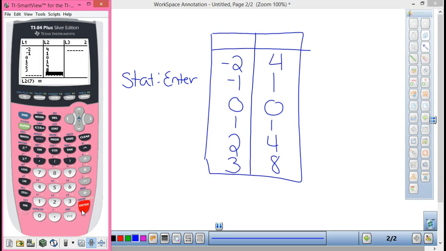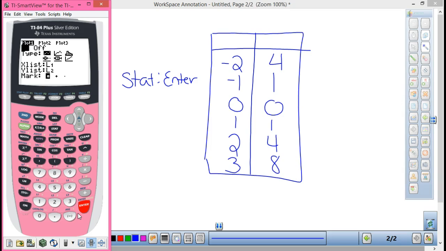Alright. Now, we only have to do this next part once. Okay? Because once our calculator has it in it, it's going to stay like that, right? So hit second, y equals. Okay? Hit enter, and turn this guy on. Okay?